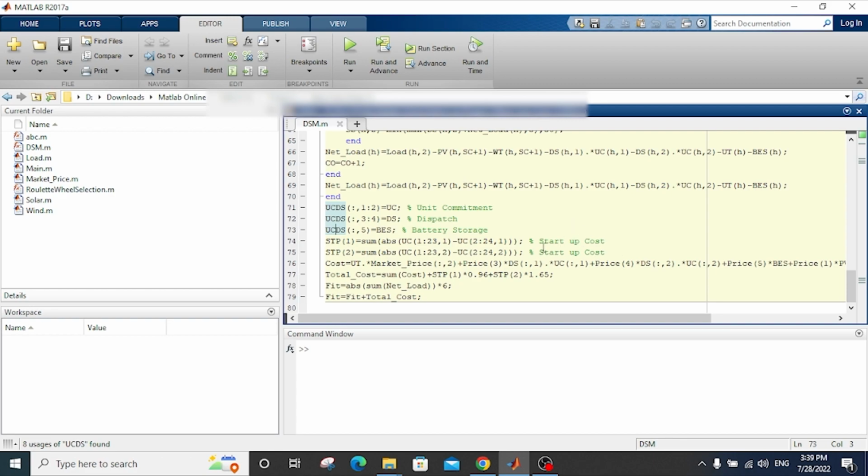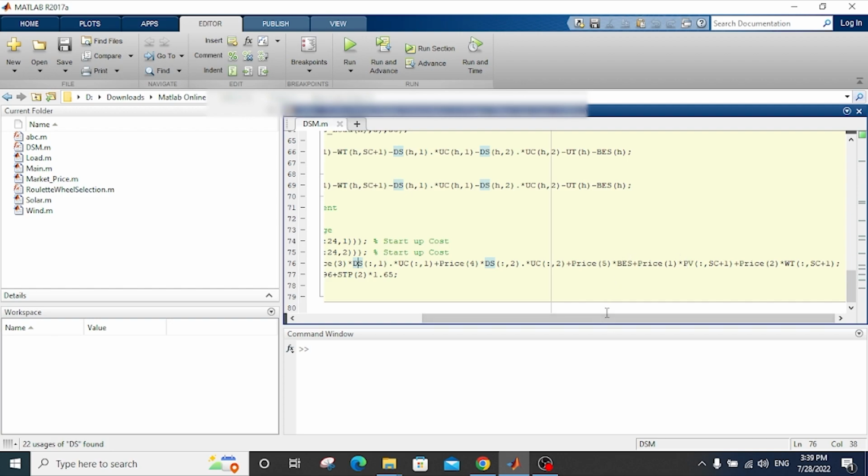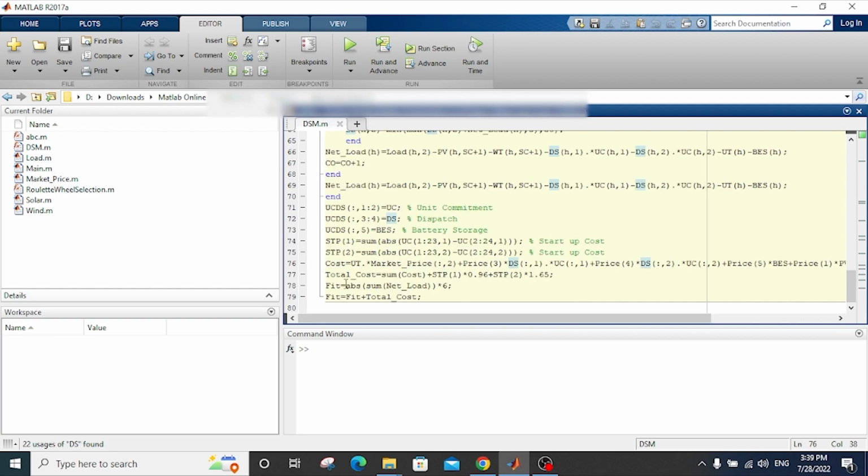After that, we calculate the cost, the startup cost, as you see here, from the generation, the micro turbine and fuel cell, and also the utility cost as a market cost, and the price of the micro turbine, the price of the fuel cell, and the price of the wind and PV solar. We calculate the cost and then sum this cost for 24 hours and apply the startup cost also to calculate the total cost.